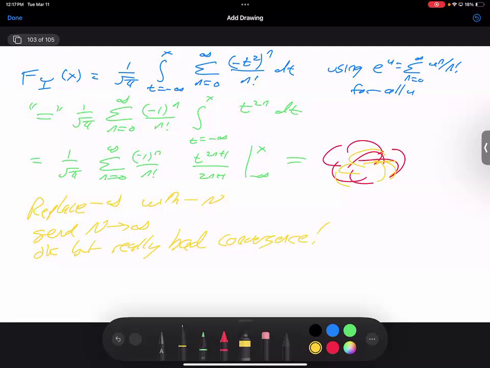So if N is huge, the probability that you're between minus infinity and minus N is really small. So if I just integrate from minus 20 quadrillion, sure, that's going to effectively be all the probability. But boy, if I try to numerically evaluate this, it's a nightmare. These numbers are going to be huge. Small little errors in machine precision could be really bad.